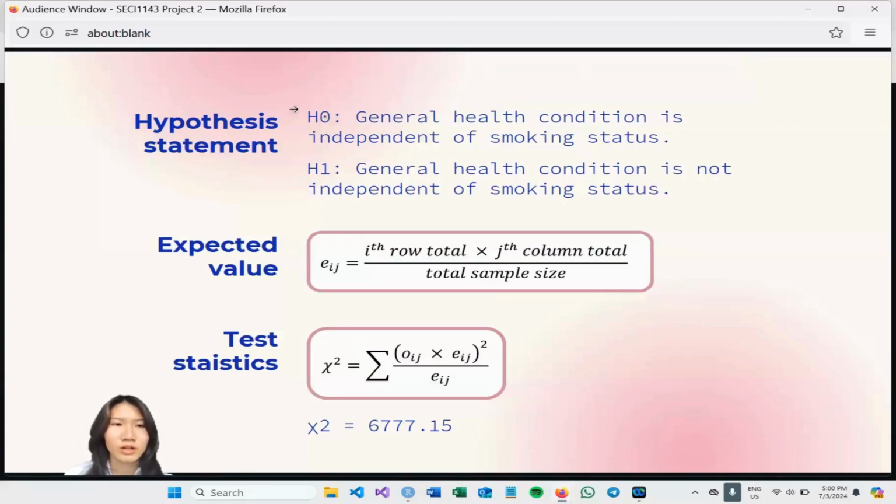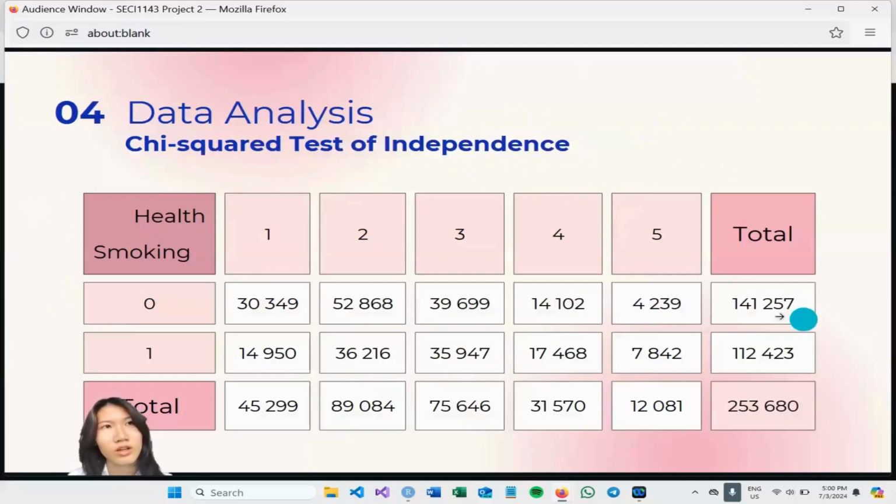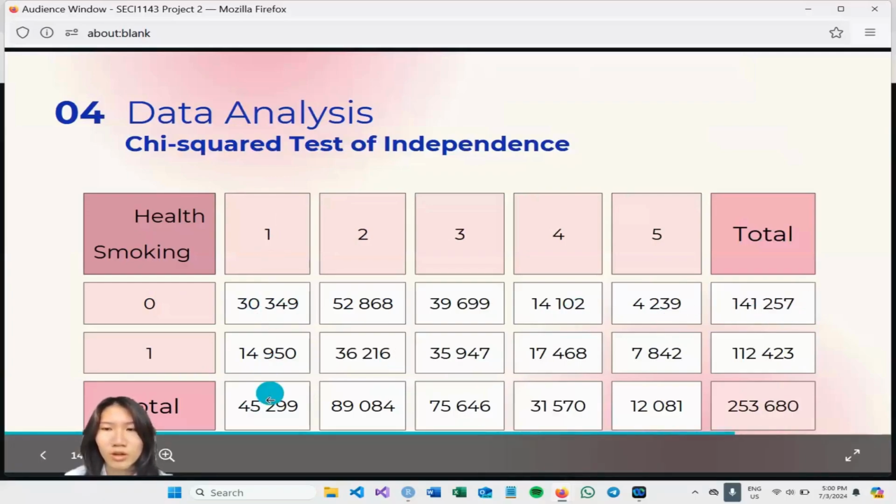And then, as I said, from the table before this, we can calculate the expected value by, for example, the row 1 and column 1, this cell. The expected value of this should be the total of this row times the total of this column divided by the total sample size.